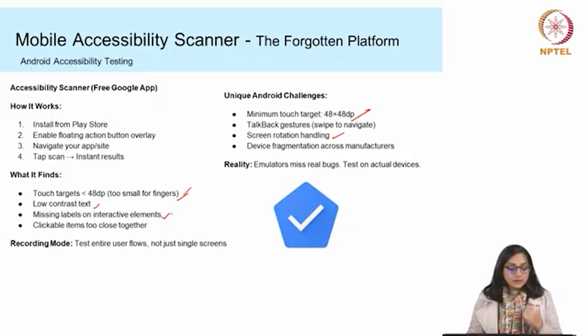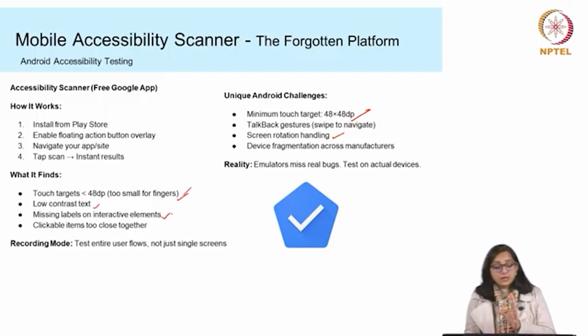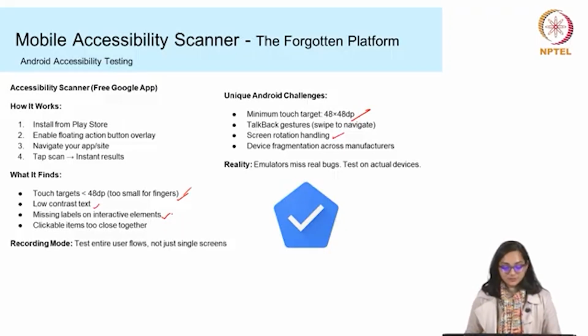Okay, and the gap may be that 60% mobile traffic needs only 20% testing effort. So what it means is that if you are able to put in your 20% effort, that may increase your mobile traffic by 60%. So please put in that effort.